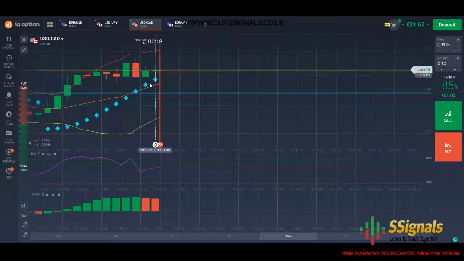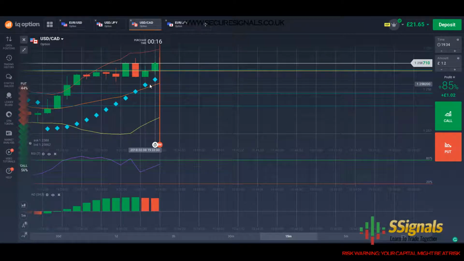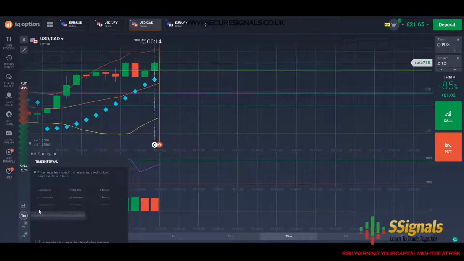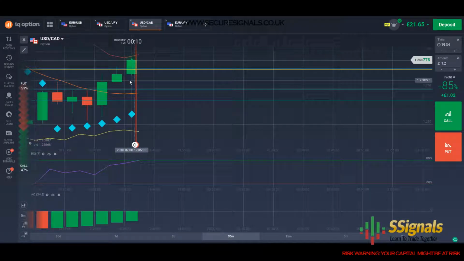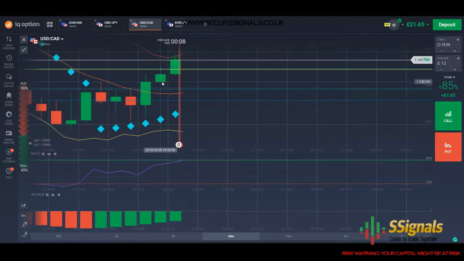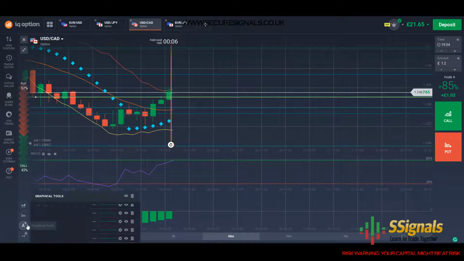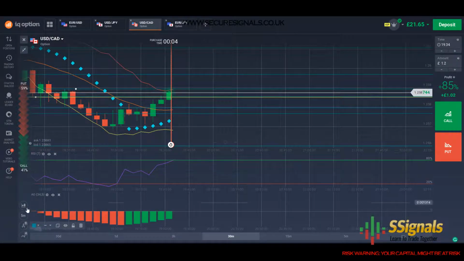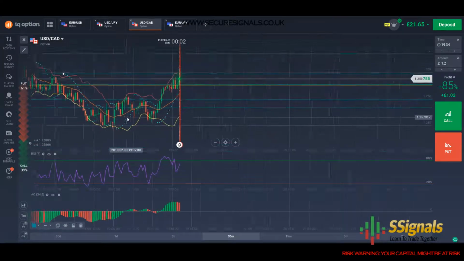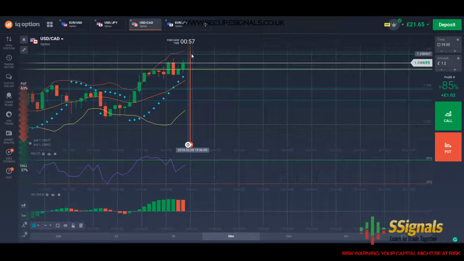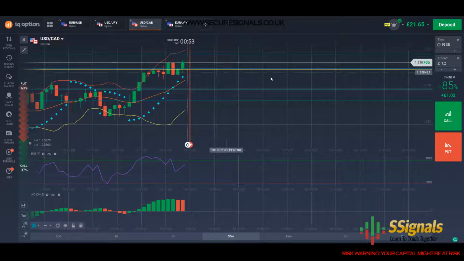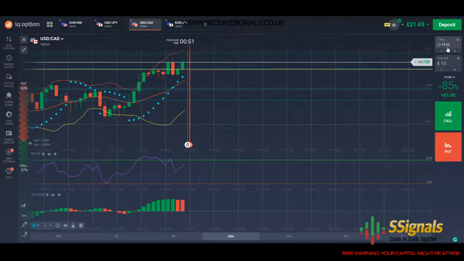Okay, so price is basically playing off this 15-minute line. Okay, so when price reaches up to the 1258950 level, we're just basically going to go for a 35 put, so let's hope it hits.